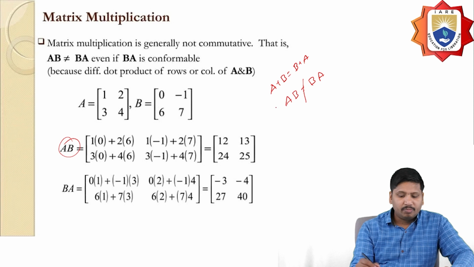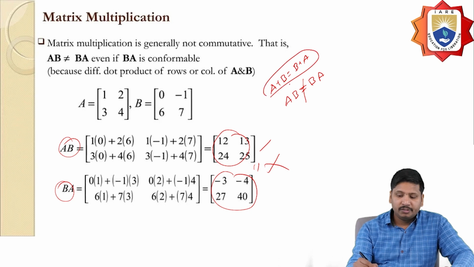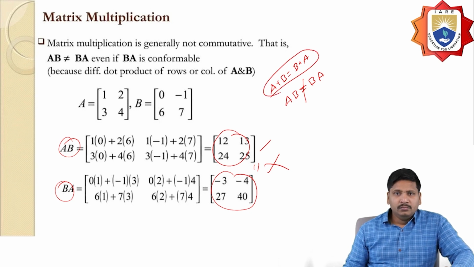If I multiply the two matrices, the values I get are AB, this one, and if I multiply B into A, I get these values. They are not equal, which is why AB is not equal to BA, whereas A plus B is equal to B plus A.